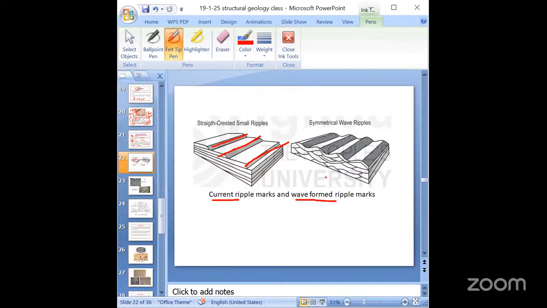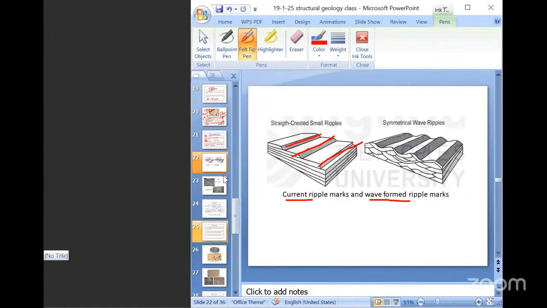Now, wave-formed ripple marks, also known as symmetrical ripple marks, form when the water moves back and forth, such as in tidal action. Symmetrical ripple marks can give an indication of the bed's deposition, with ripple crests pointing upwards.